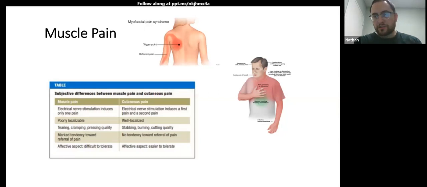Now, the question is, if the heart is the source of the pain, then why is pain being perceived in the arm? The reason is that in the spinal cord, where all the nerves come together in the spinal column, think of it as a cup of water that is spilling over.